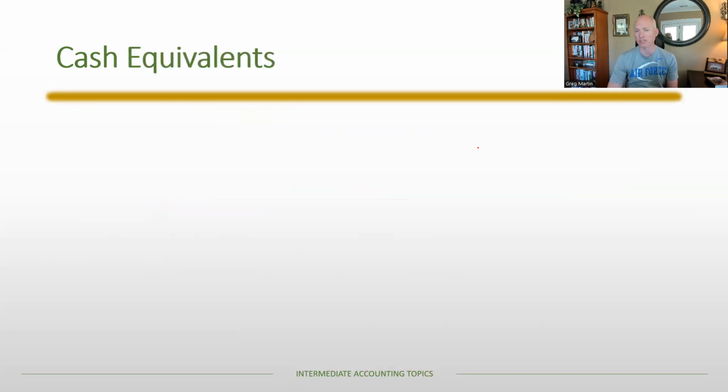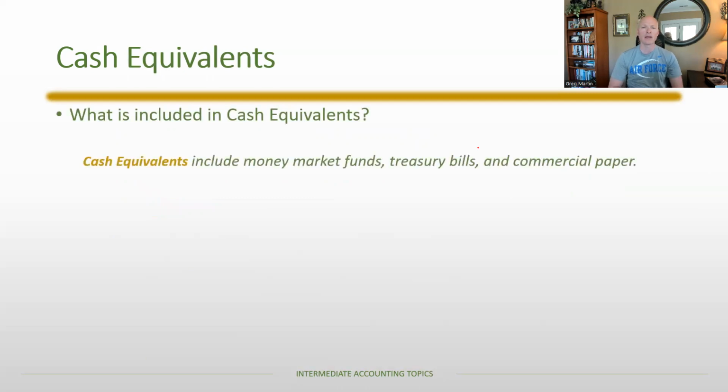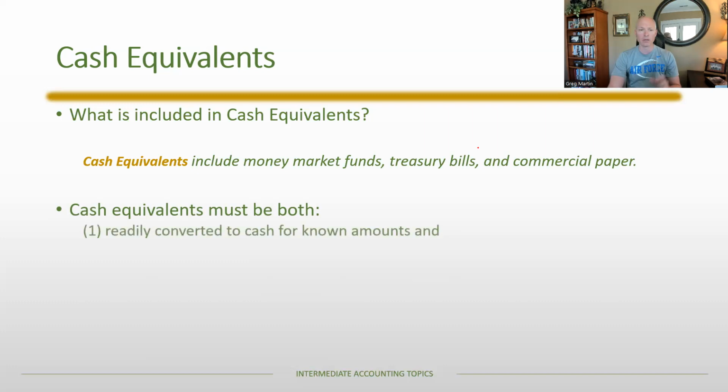Now, cash equivalents is a little bit different in that it's not just the coin and currency and checking accounts, but it does include other things like money market funds, treasury bills, and even some commercial paper. So it doesn't have to be tangible cash to be equivalent to cash, but there are some caveats for it to be considered a cash equivalent.